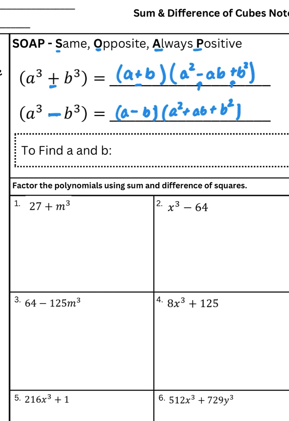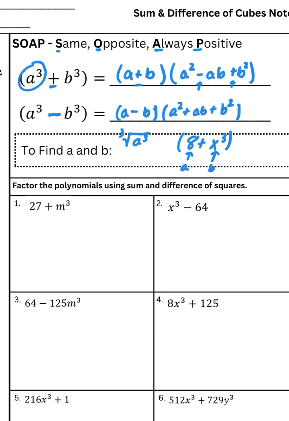All right, then to find A and B, we take whatever this first term is and we take the cubed root of it. So for example, if we had in our original thing, say it said 8 plus x cubed, right? Our A term is 8 and our B term is x cubed.